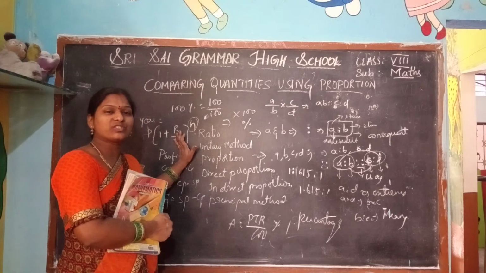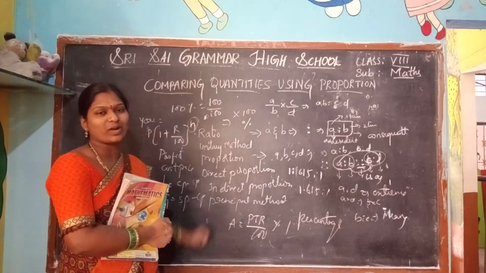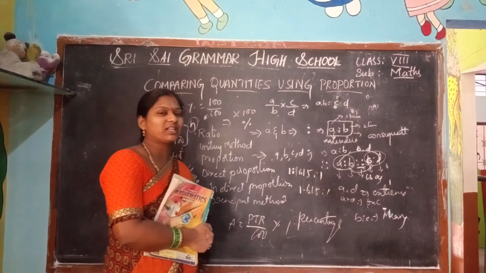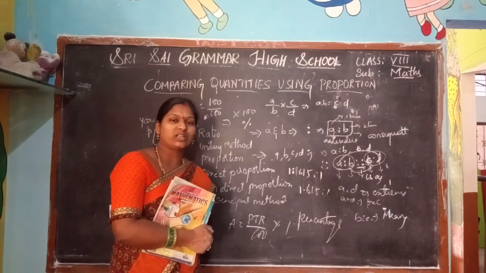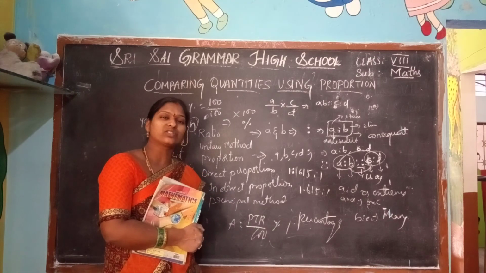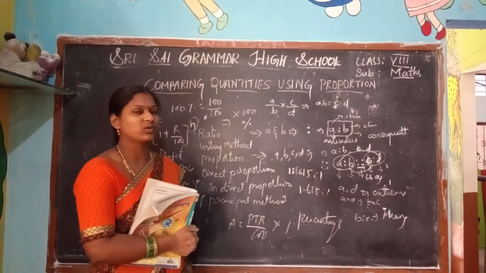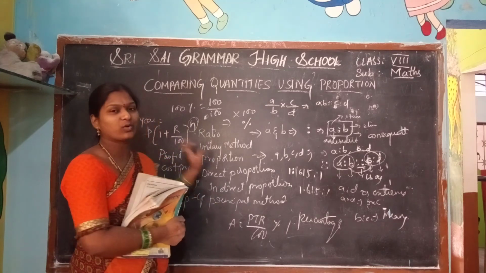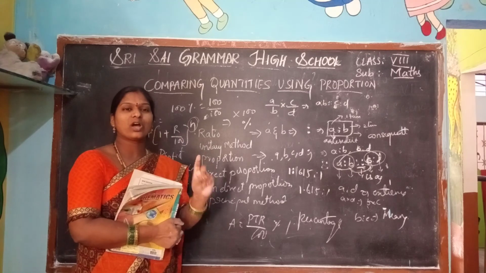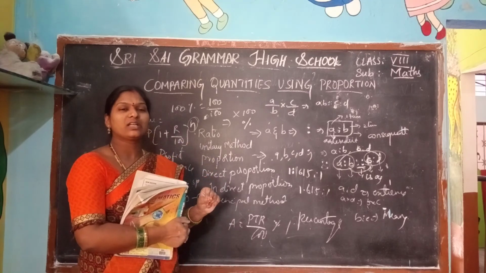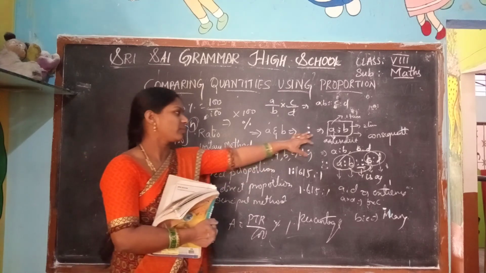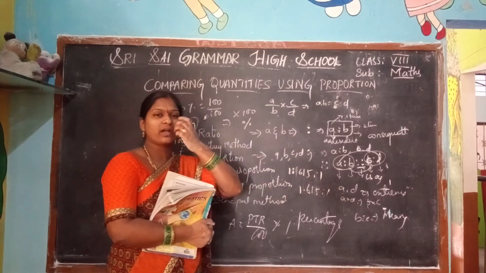In proportion, we are going to see four quantities. The four quantities are two ratios. And in the ratio, we are going to see the 'is to' symbol, where we use two quantities.